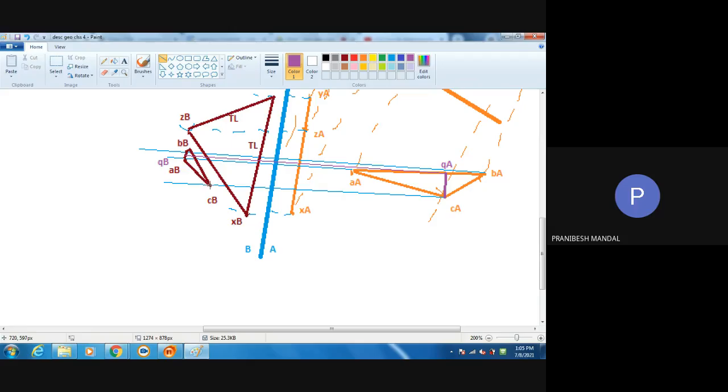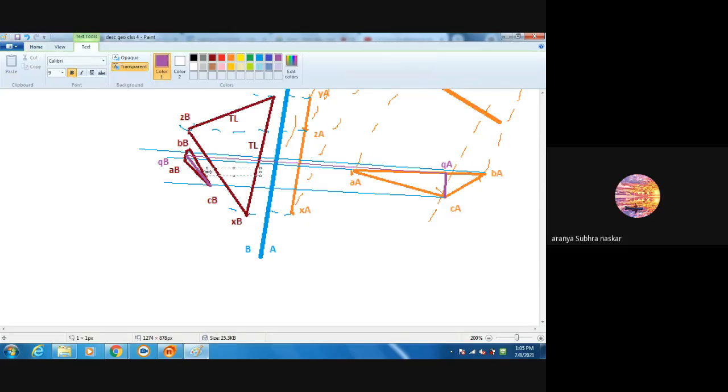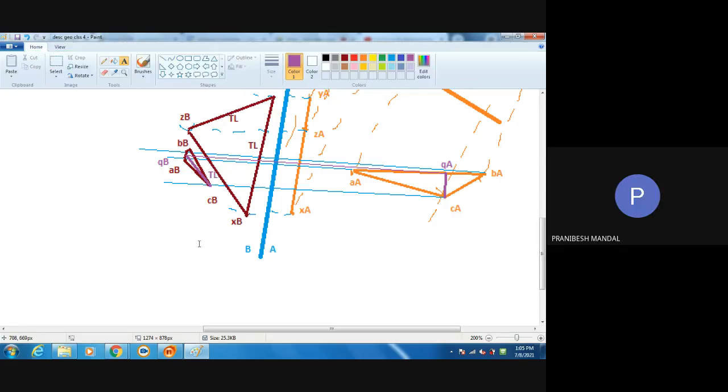So this CQ is a true length, right? Yes, sir, it will be a true length. That is why I followed different colors so that you can actually follow, okay? So this line, this violet line, is the true length, yes or no?